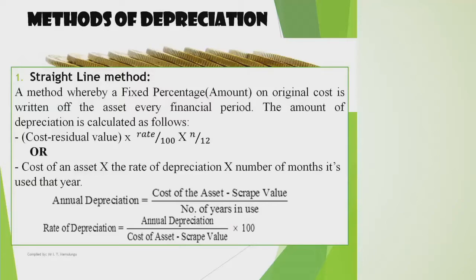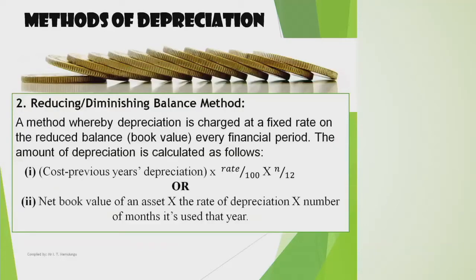Then we get the depreciation. Or for the rate of depreciation, you take the annual depreciation divided by cost of asset minus scrap value, multiplied by 100. So those are the formulas for calculating depreciation. You can use either of the two depending on what information you are given.